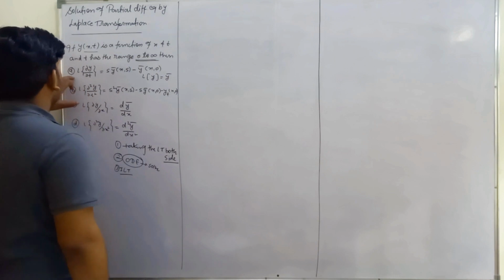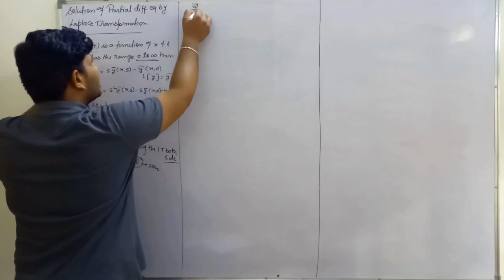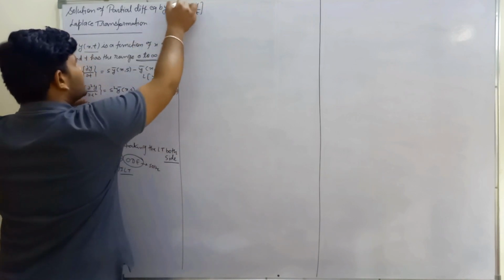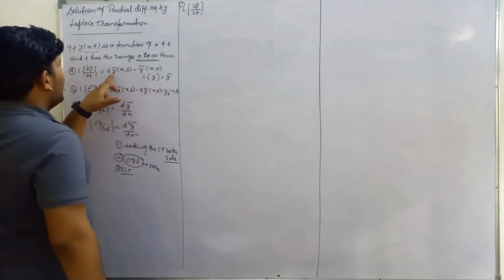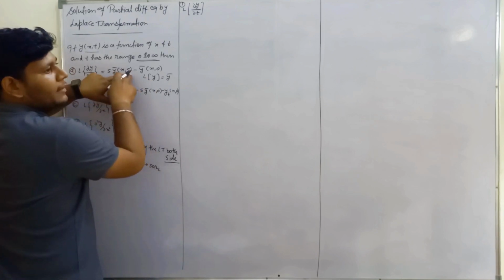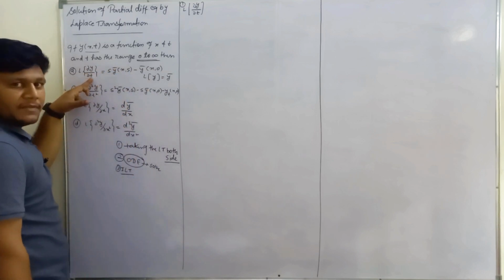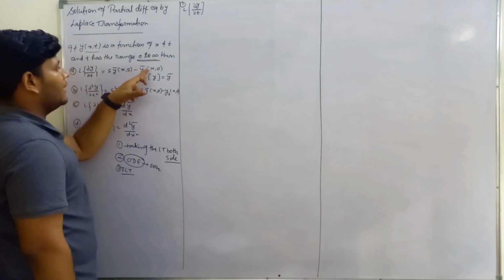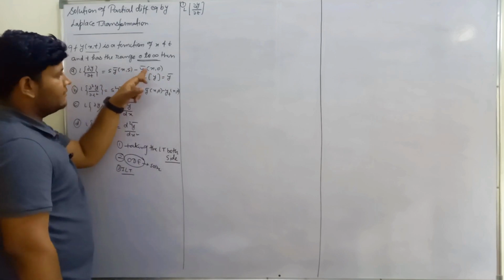Now first of all, if you have a term like dou y by dou t and you want to calculate the Laplace transform of it, this is the first case. So it is s y bar of x and s, where y bar is the Laplace transform of y, and s is the parameter, because we are taking the Laplace transform with respect to t, minus y bar of x and 0.